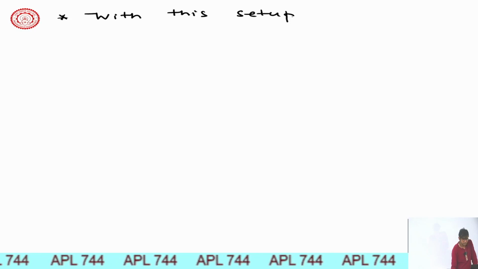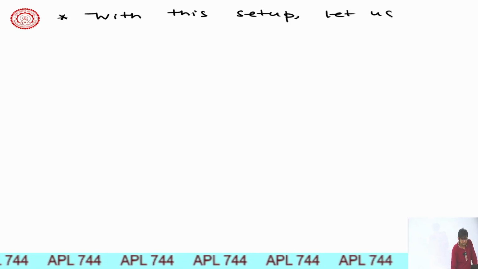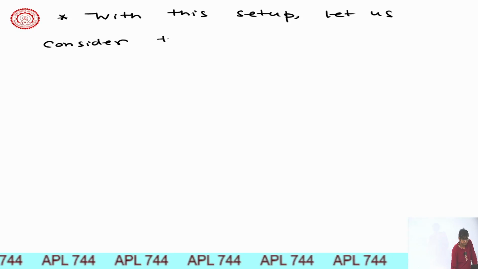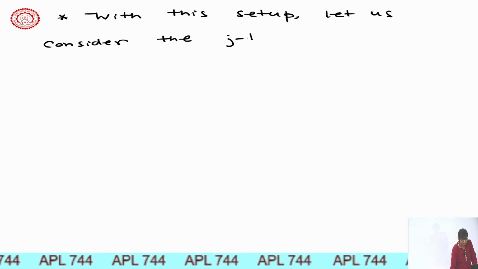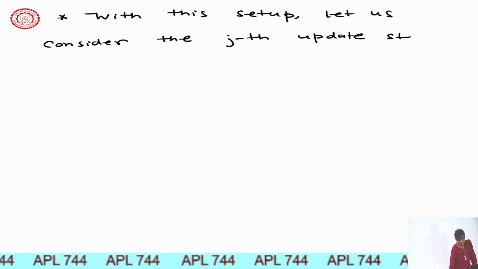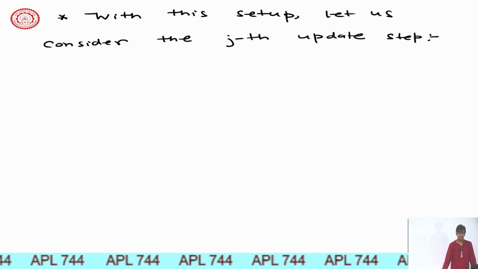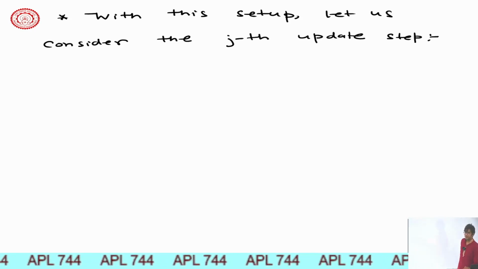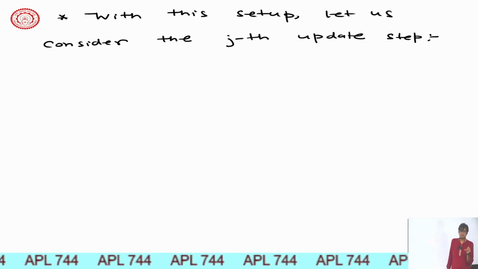So, now with this setup, let us consider the jth update step, or the jth component getting updated. Okay. So, at the jth update step, what will be my loss function?